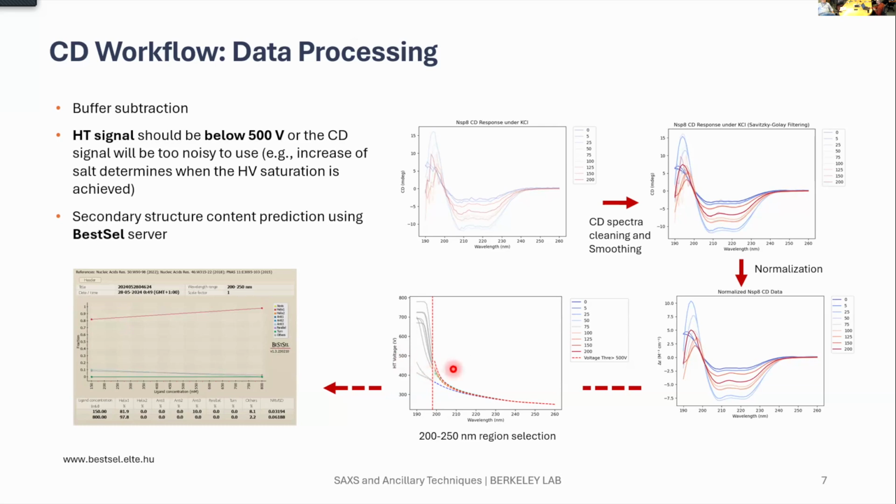And there's kind of a rule: we do not want to take data where we start to see saturation at 500 volts. Basically, for my analysis here, I cut data starting from 200.